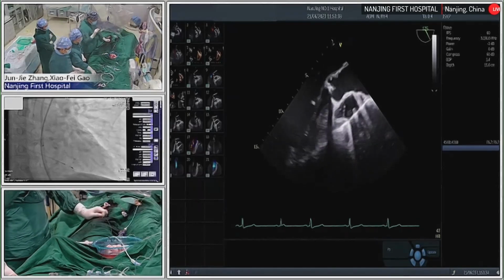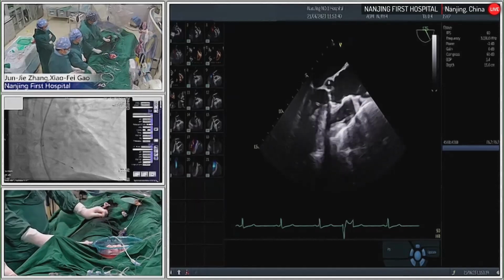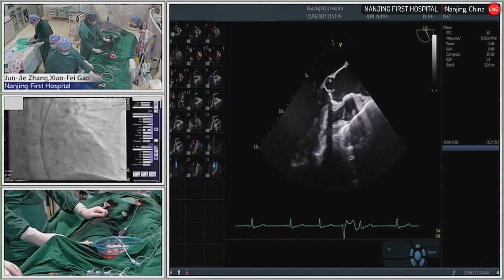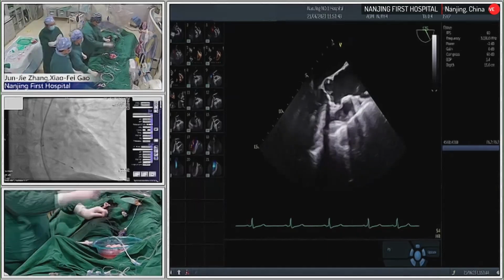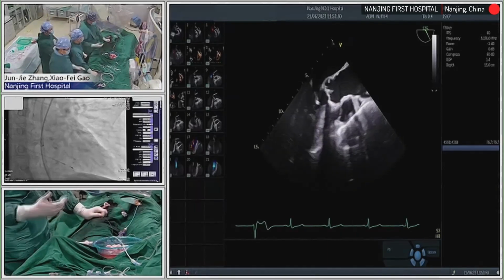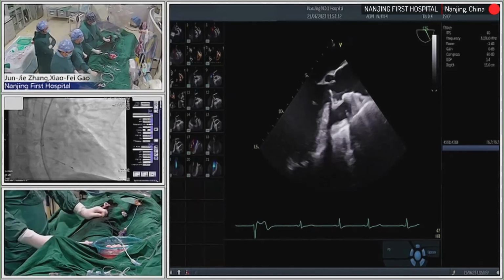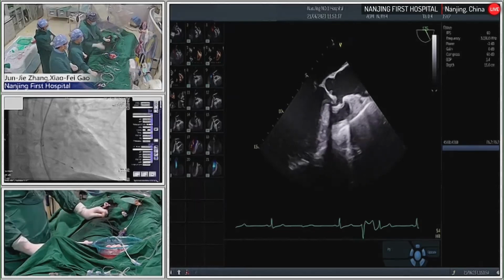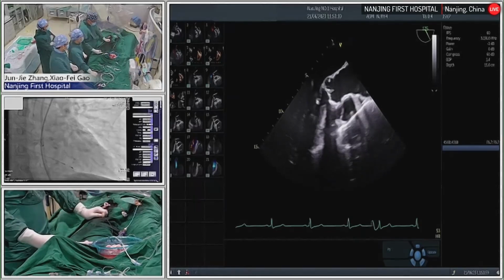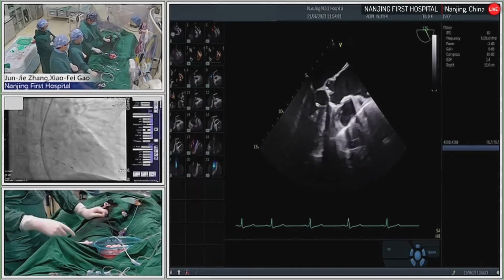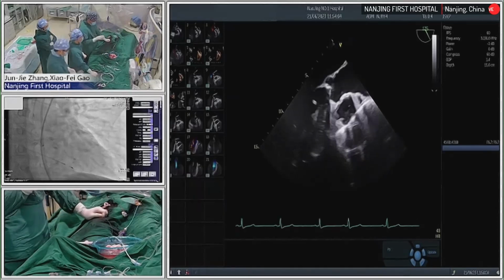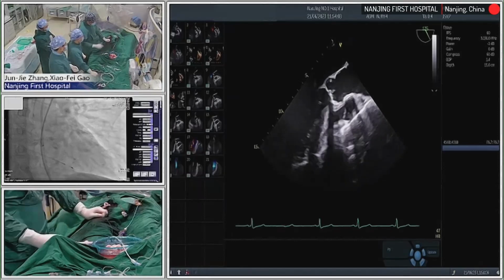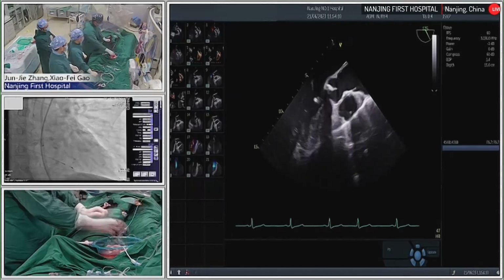One is a hydrophilic wire, another is a coiled wire. Then I considered it's a little dilated aortic root and a little horizontal, so my colleague Dr. Dong suggested I change to another guiding catheter, M plus left one. Finally, you can see with the right catheter, making the tip point precisely toward the very small orifice of the aortic valve, we successfully crossed the valve with a straight wire.